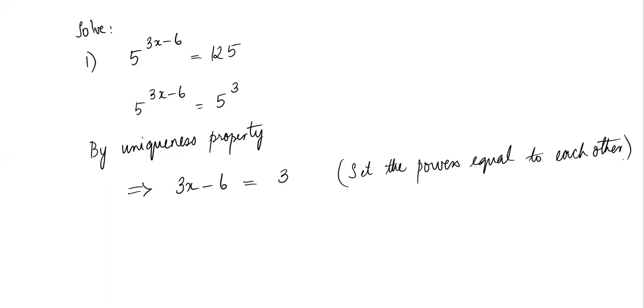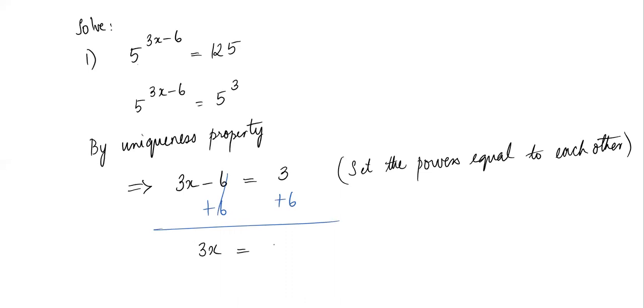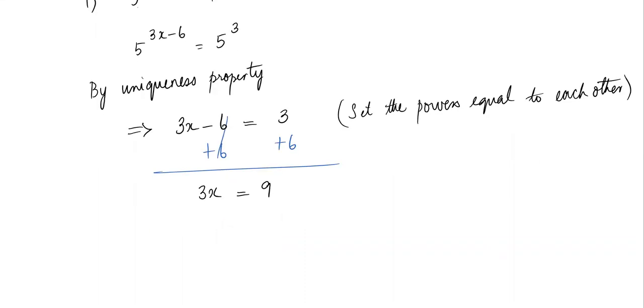So now you've got a regular equation that you can solve for x. You're going to add 6 on both sides: 3x equals 9. And then one more step, divide both sides by 3. x equals 3. So what we got is the solution.